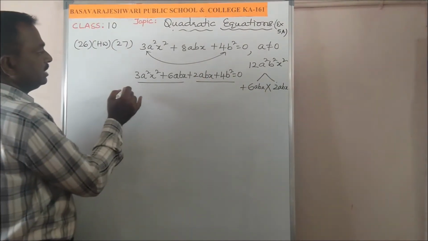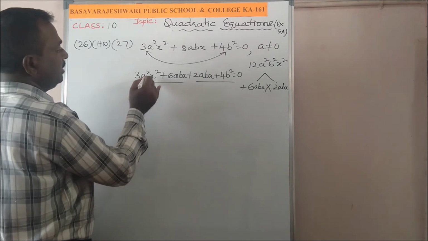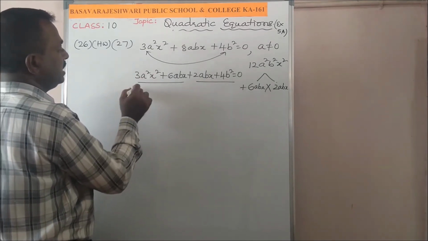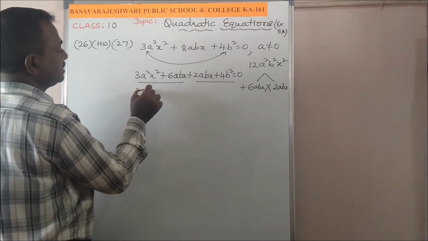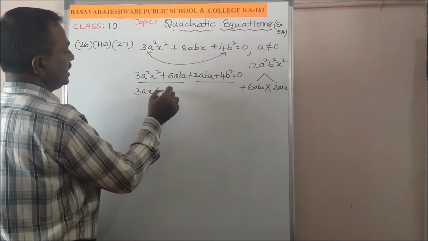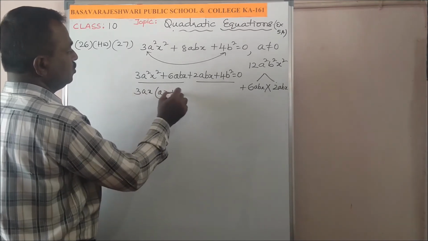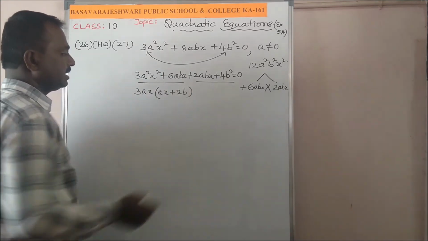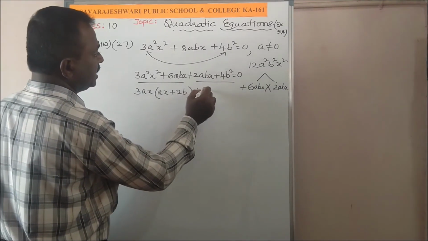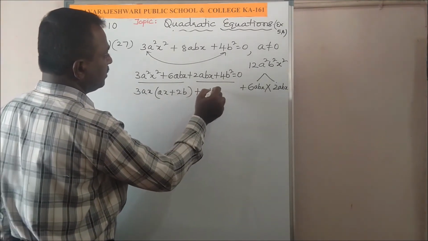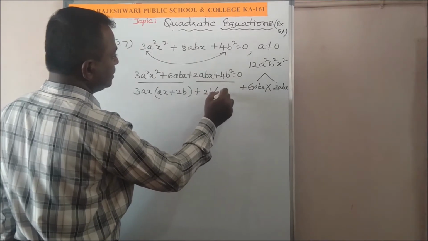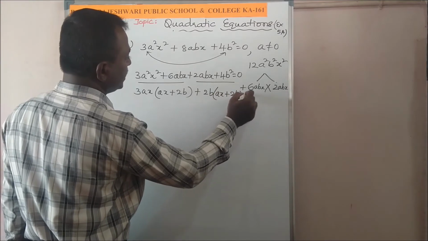Now what is common here? 3ax common. So what remains? ax plus 2b remains. Plus here we can take 2b common. What remains? ax plus 2b remains.